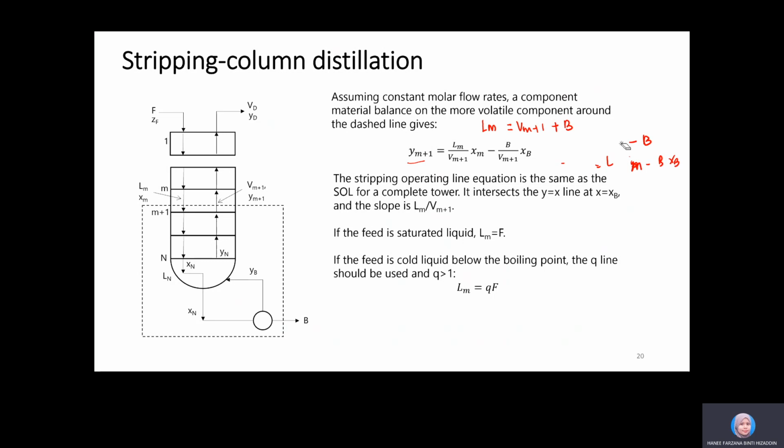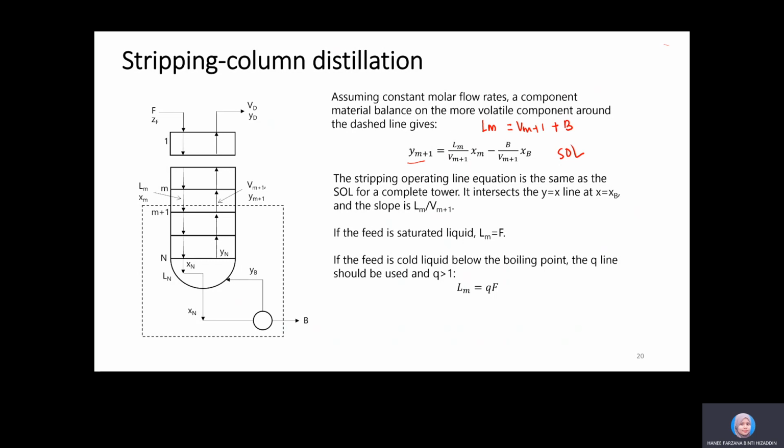The stripping operating line equation is the same as the SOL of a complete tower. It looks the same. This is the SOL because it's only a stripping column. It intersects the y equals x line at x equals xb, and the slope is still Lm over Vm+1.